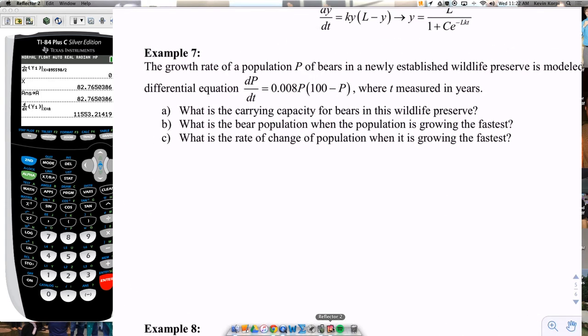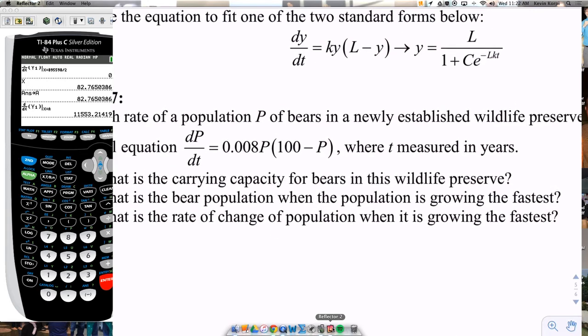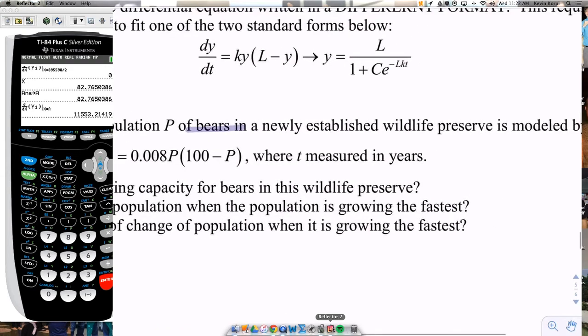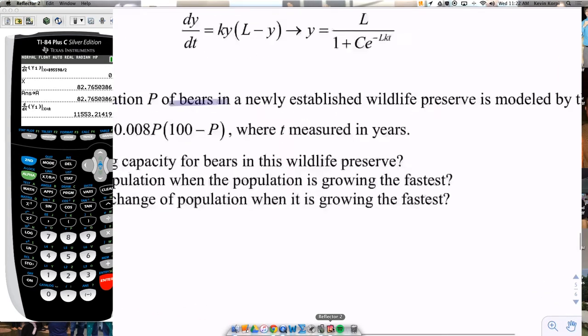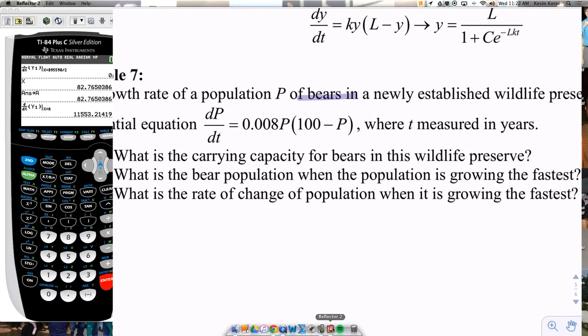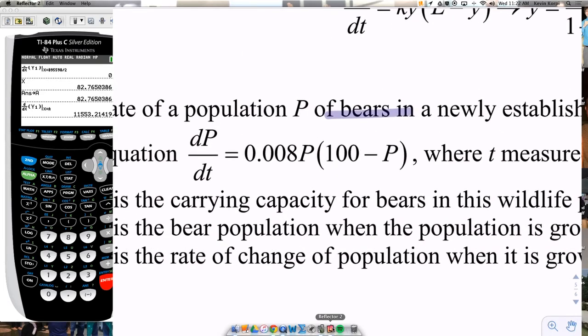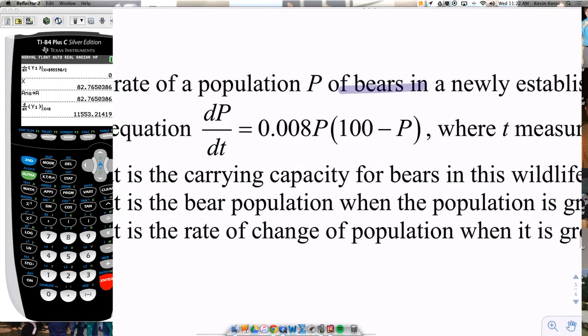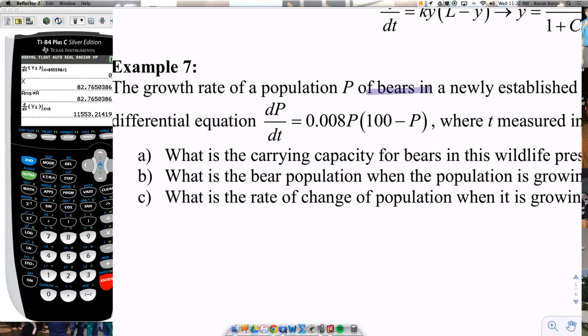The growth rate of a population P of bears in a newly established wildlife preserve is modeled by the differential equation dP/dt equals 0.008P times (100 minus P), where t is measured in years and P is measured in bears.